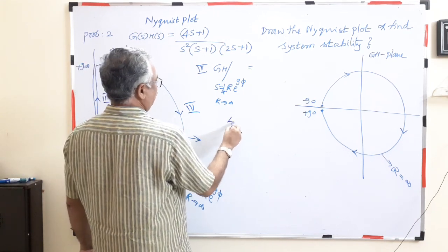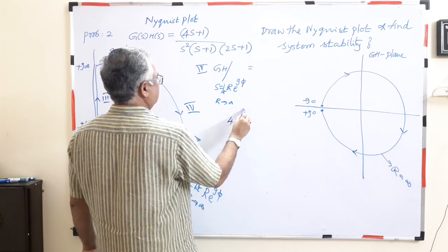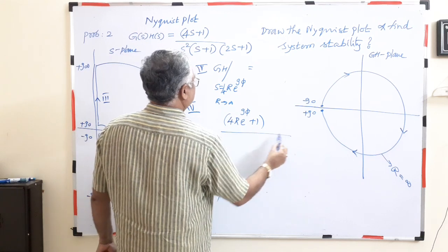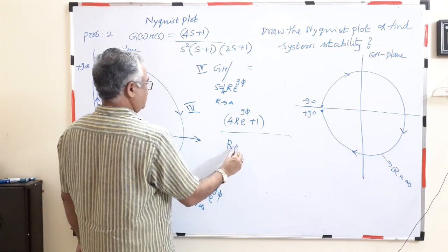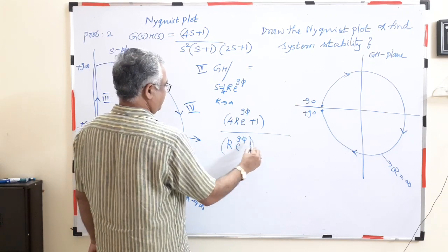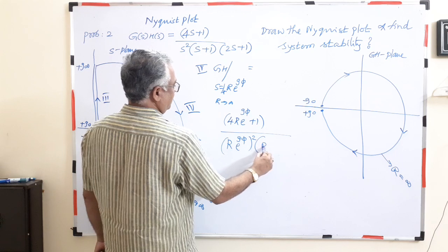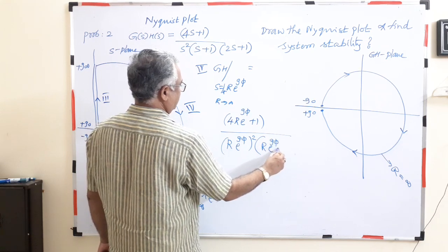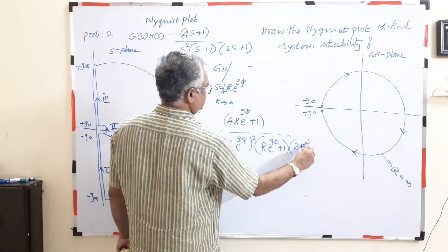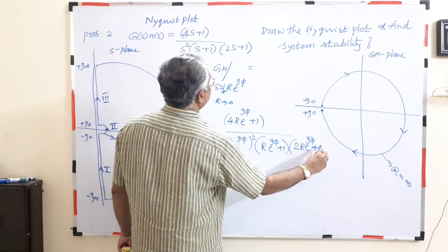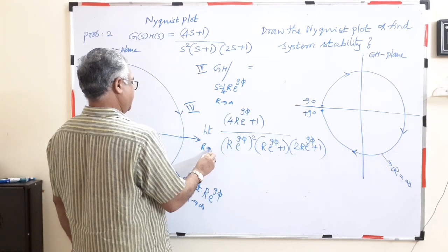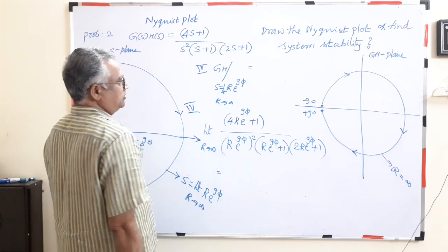So that will be 4R e power j phi plus 1, by R e power j phi square, R e power j phi plus 1, to R e power j phi plus 1, and limit R tends to infinite. This we have to simplify.